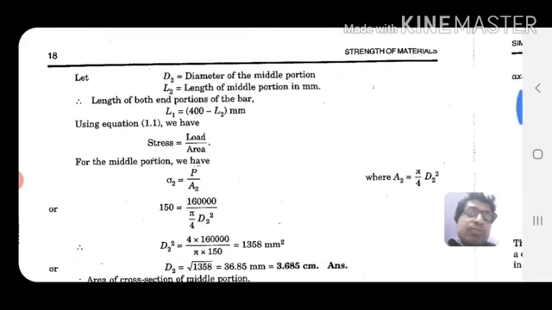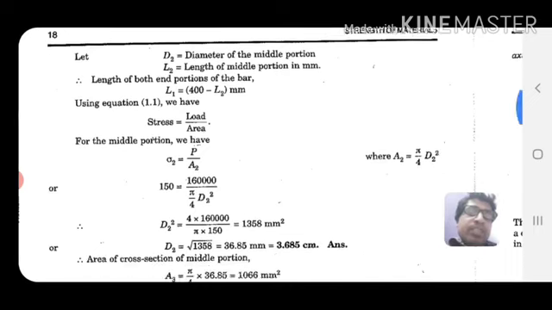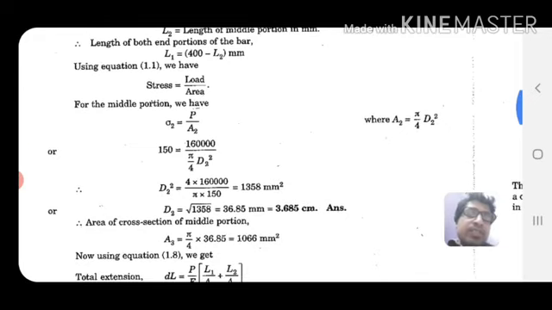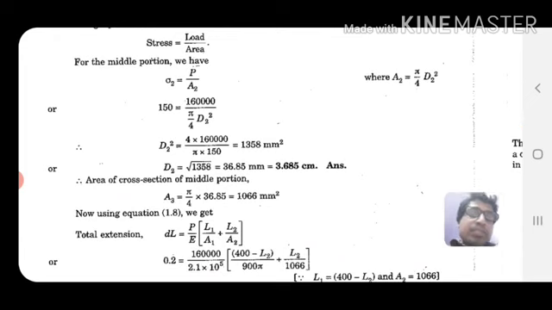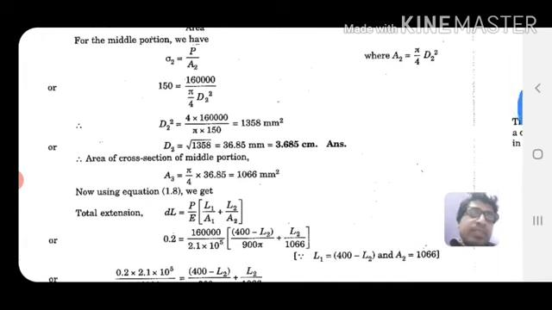Using the equation stress is equal to load by area, for the middle portion we have sigma 2 is equal to P by A2. So 150 is equal to 160,000 divided by pi by 4 into D2 square. D2 square is equal to 4 into 160,000 divided by pi into 150, that is 1358 millimeter square.